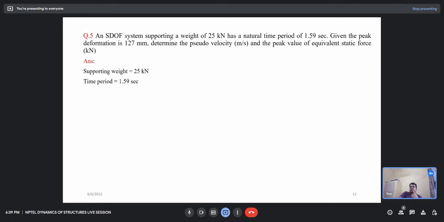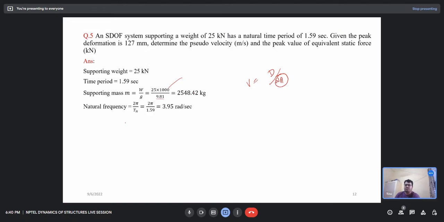For the calculation of the pseudo velocity, I want this deformation to be multiplied by the omega n. So for this, first I have to calculate the omega n. First I calculate the supporting mass, m equal to W divided by g. This is the weight, 25 into 1000 Newton, divided by 9.81, so that is in kilograms.